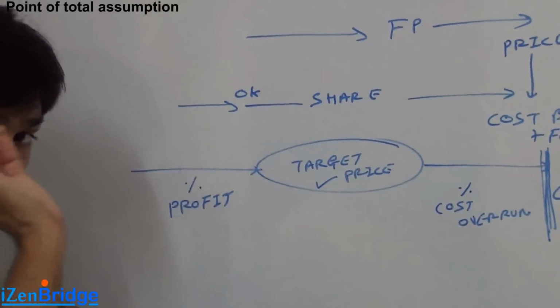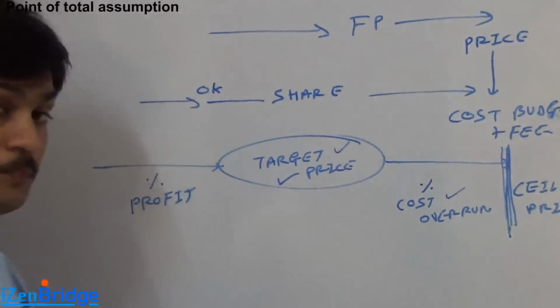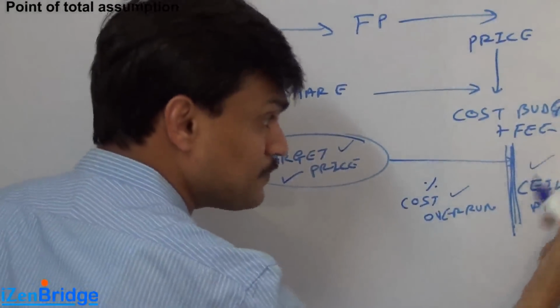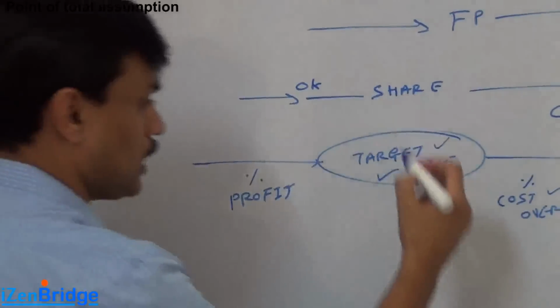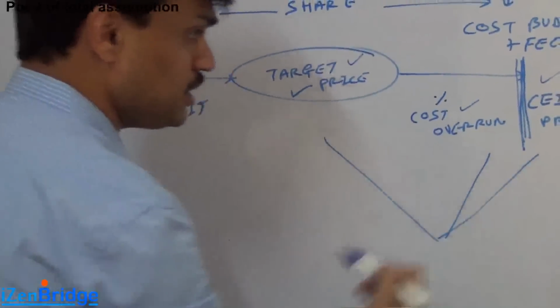Now, the buyer was only concerned about what is the target price, how much percentage I have to pay when the cost goes above the target price, and what is my ceiling price. He got those three pieces of information agreed. Now, the seller comes home and starts thinking about these three things.